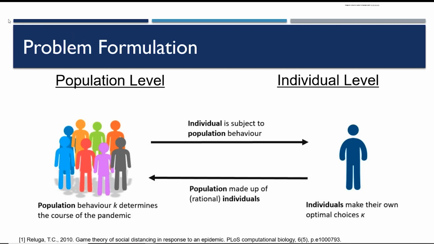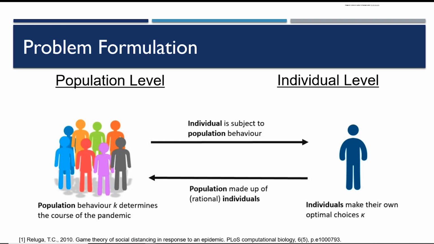Now, of course, those optimal decisions are likely to be influenced by the behaviour of the population as well as the current state of the epidemic. If there's lots of infections, you might be less inclined to go outside, for example. But equally so, we can say that this population is made up of a bunch of these individuals, all of whom are seeking to make these optimal decisions as well.